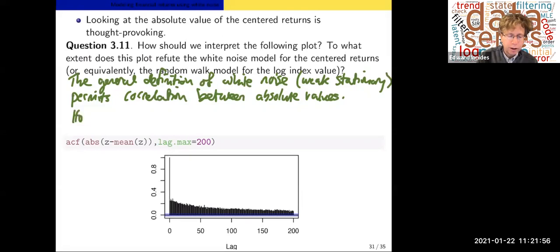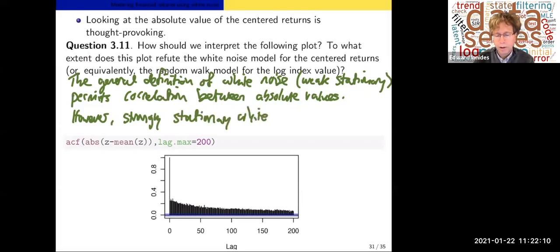However, strongly stationary white noise, e.g. Gaussian white noise, does require independence.